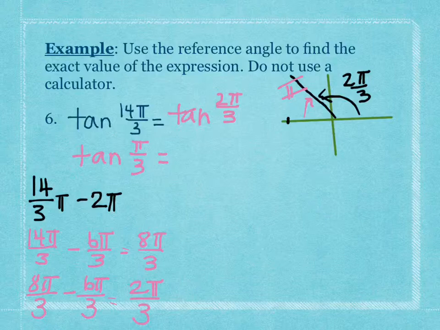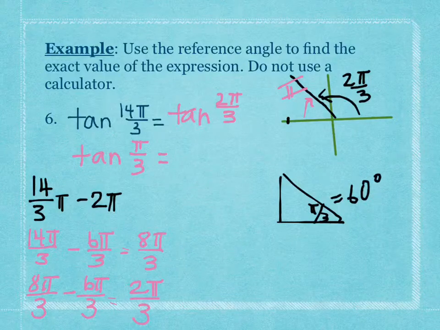Pi over 3, if I created a triangle that had a pi over 3 angle in it, oops, let me draw the triangle correctly. There we go. So here's pi over 3. Caitlin wants to tell me what the angle measure is in degrees, don't you? That's a 60-degree angle, so if it helps you think about that in 60 degrees until we get to section 5, okay?